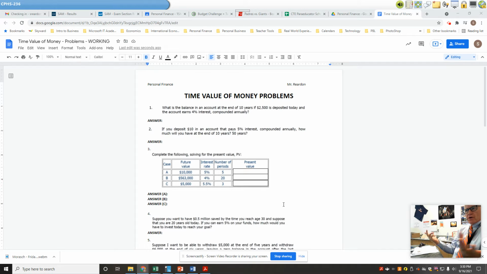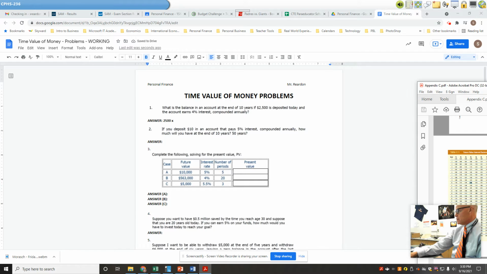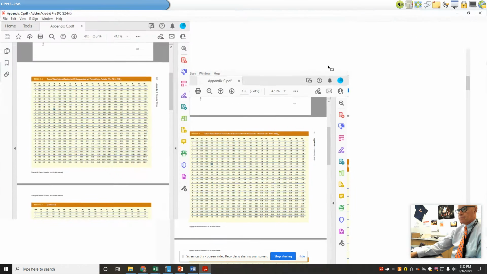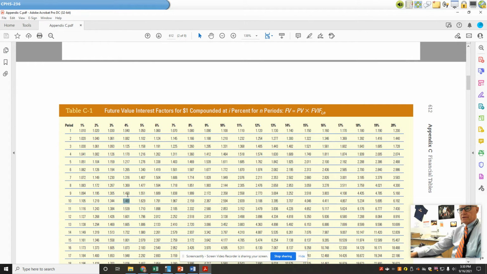So here we're wondering, okay, we have $2,500. It's compounded annually, 4% interest for 10 years. Well, you probably see that's going to be 2,500 times, and pulling our table over, 4% future value interest factor of 1.